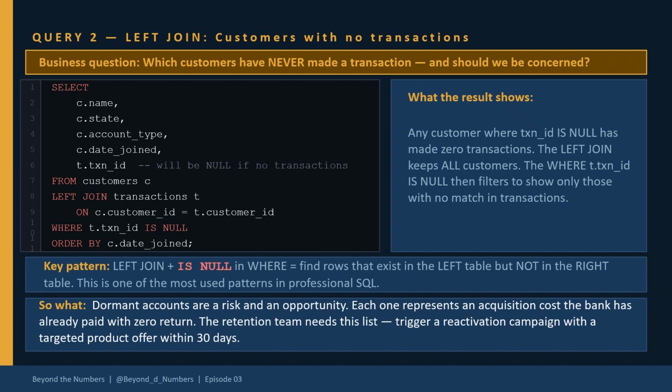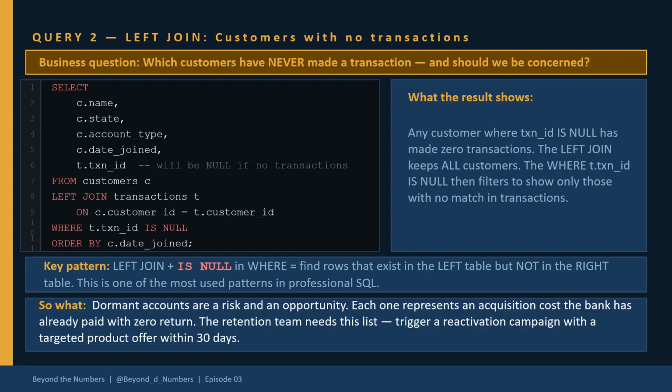We also select t.txn_id with a comment explaining it will be null if no transaction exists. From customers, left join transactions on customer_id, where t.txn_id is null.